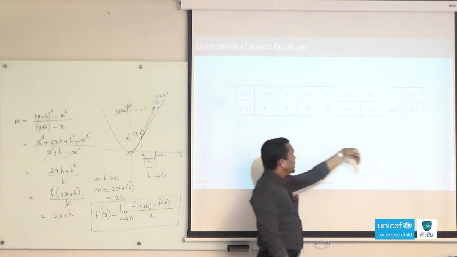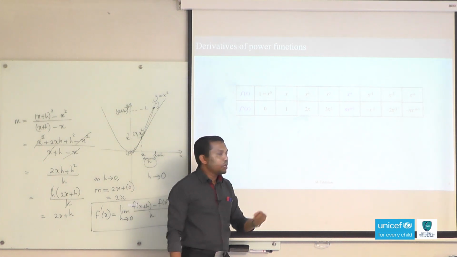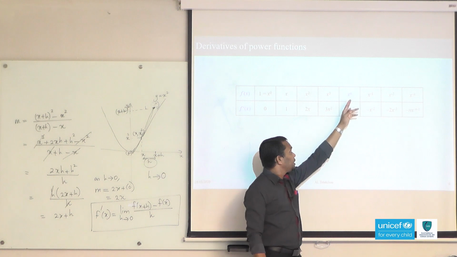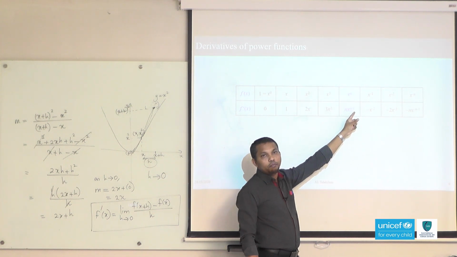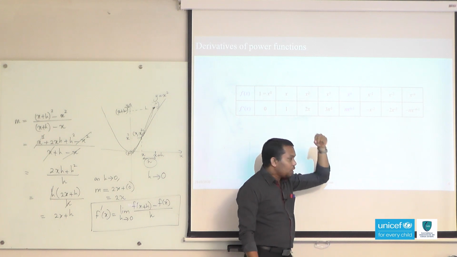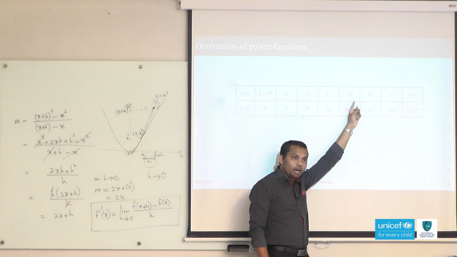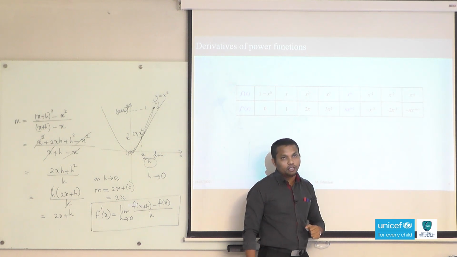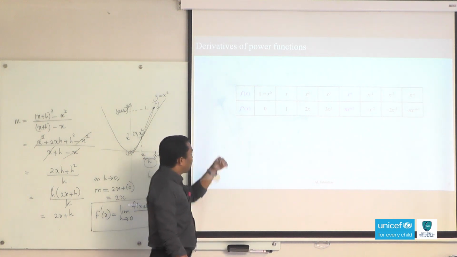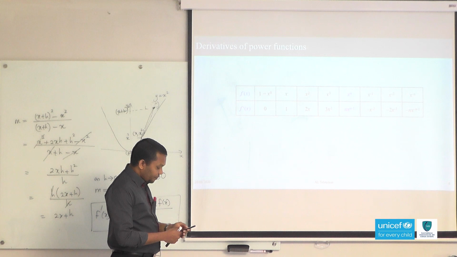So, basically what this shows is when you differentiate power functions, we multiply the power by the coefficient and then subtract 1 from the power. So, the order of proceedings is first multiply the power by the coefficient, second step is subtract 1 from the power. That is the order that we follow. So, that gives you the derivative of simple power functions.